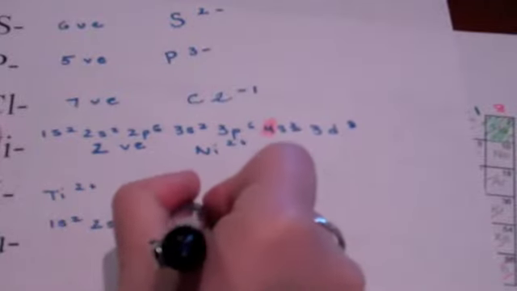And what I explained to you guys in class, as I'm writing this, is the fact that instead of having 3d9, which is kind of awkward, because it's almost 100% filled, right? D wants 10, and instead I've given it 9. So instead what it's going to do, instead of having 4s2, 3d9, your 4s is going to donate one of its valence electrons to your D group. So what you end up with is 4s1, 3d10.